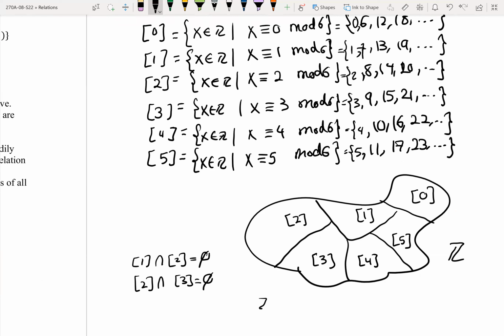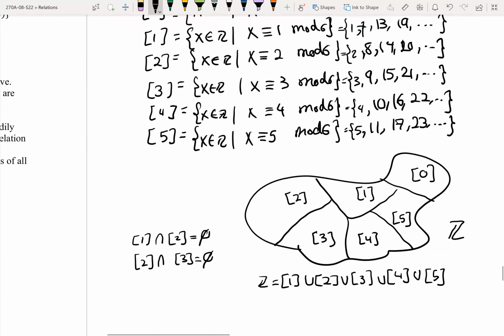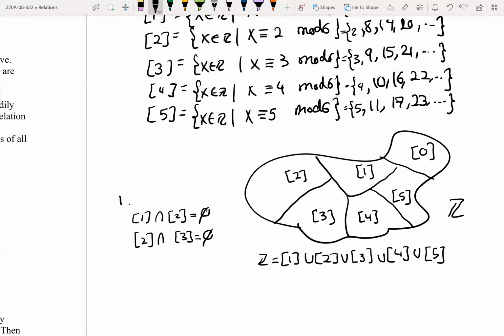And if you put all of these classes of equivalency together, 2, and then 3, and then 4, and then 5, union, okay? That notation is union. It makes the whole entire set of integers.